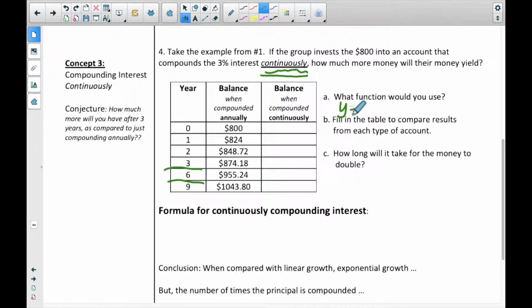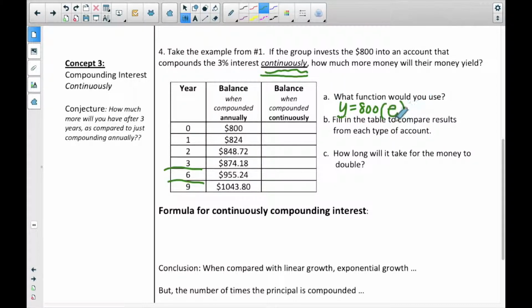That is, we're going to do y equals 800 as our starting amount. Now our rate, instead of saying 1 plus the rate, we're just going to say that that rate is E. And remember, E is a number that you're supposed to know, 2.718, and it's just a number is all it is. But it comes about through this formula of 1 plus 1 over n and all that.